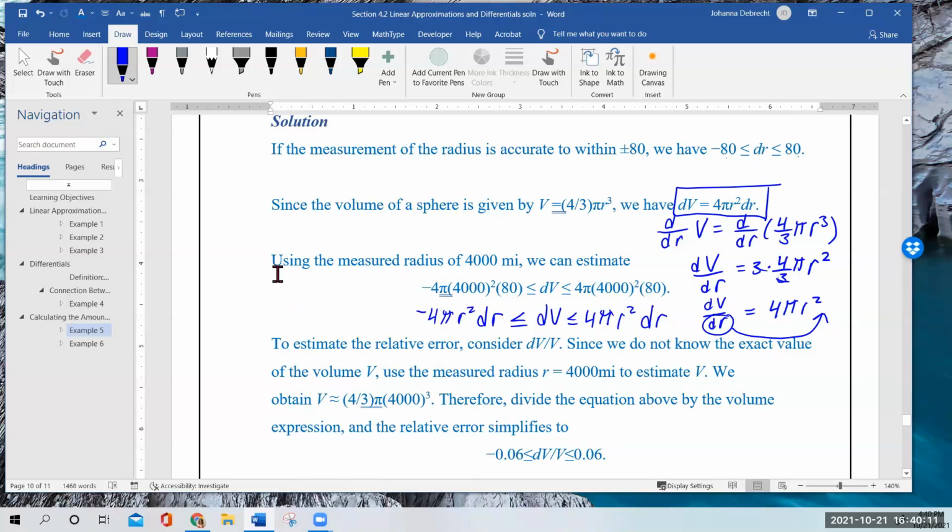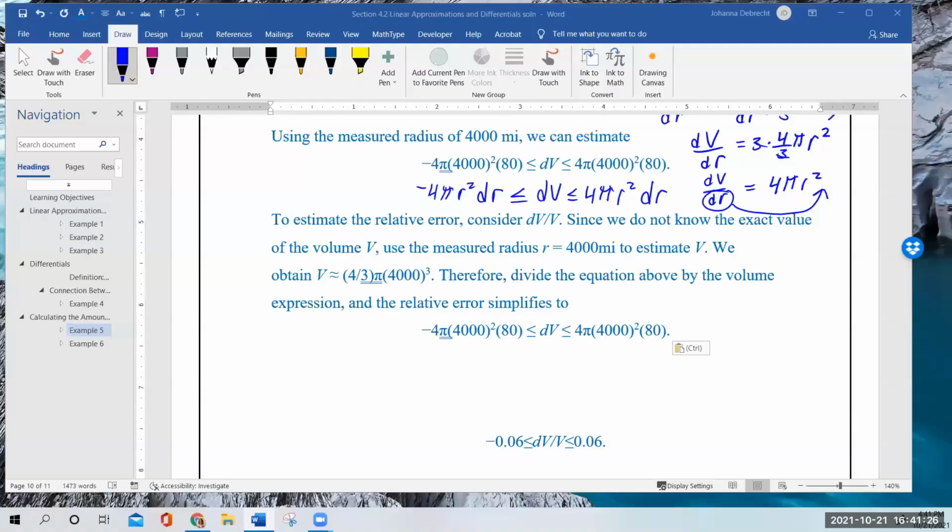What does that give us? Let's write that down below. What we want to do is take this equation that we had up here and rewrite it down here, and then divide each individual part of it by this expression that we got for the approximation of the volume. In other words, divide by 4/3 pi times 4,000 cubed.